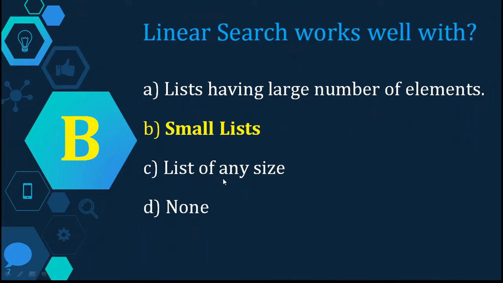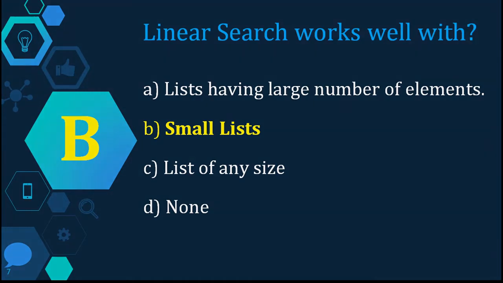Because any size means it can be a large array, or it can be a small one. So here there is no fixed criteria whether the list is small or large. So we can say that it is preferred for small lists because the number of elements is less. So the time required will be less, because the worst case time complexity of linear search is big O of n, right?